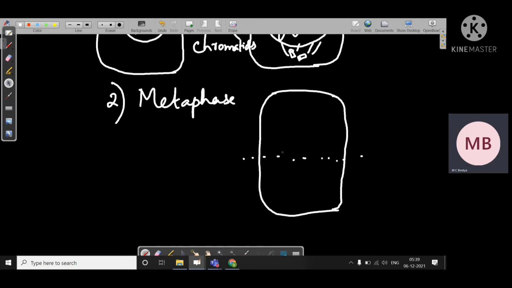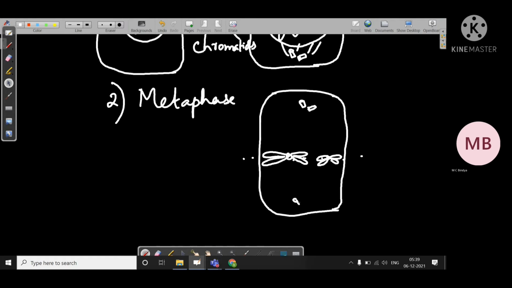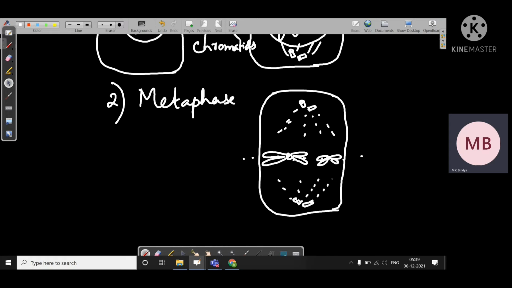So the chromosomes will be arranged at the center. And the centrioles at the two poles are visible, with the microtubules emerging from the centrioles.